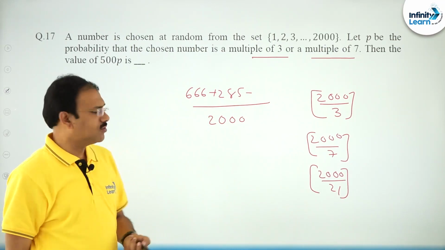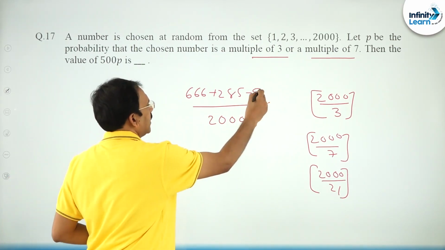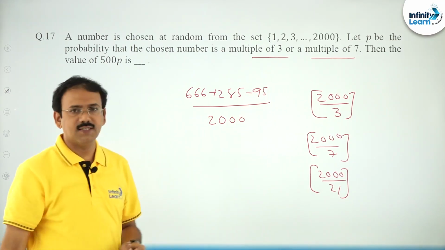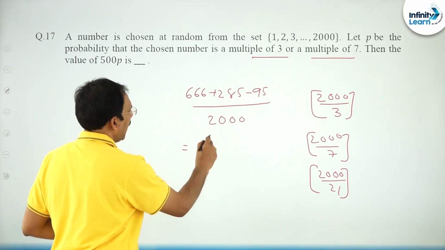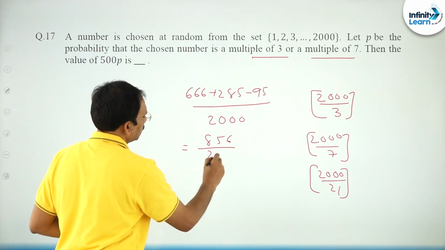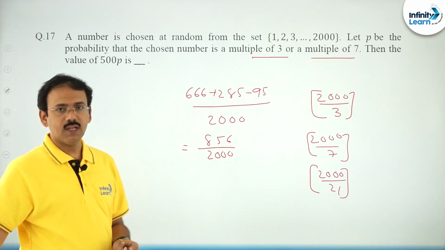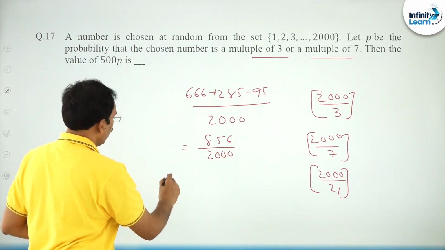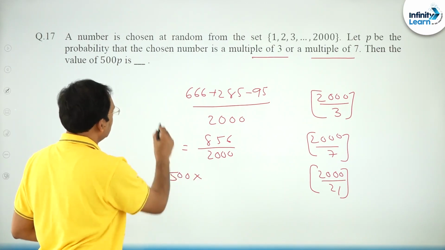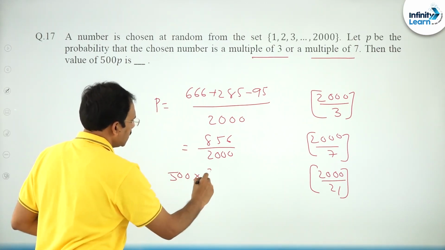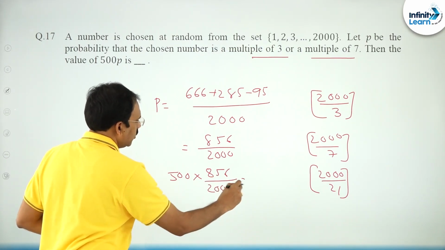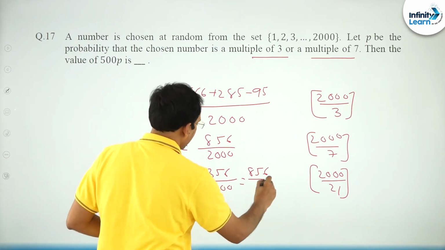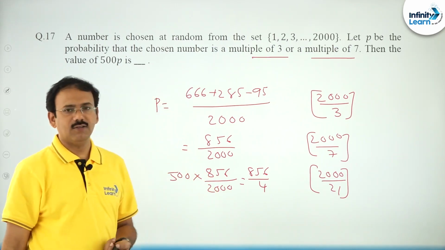You just divide and take the quotient, it is 95. If you simplify this, my dear friends, you are going to get 856 by 2000. So he is asking 500 into this probability p, which is 856 by 2000, which is going to be 856 by 4. That is all, right.